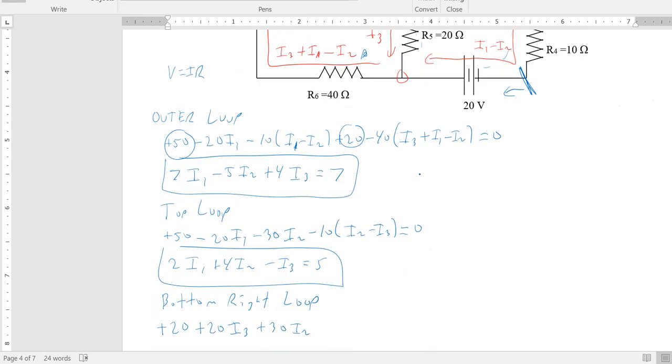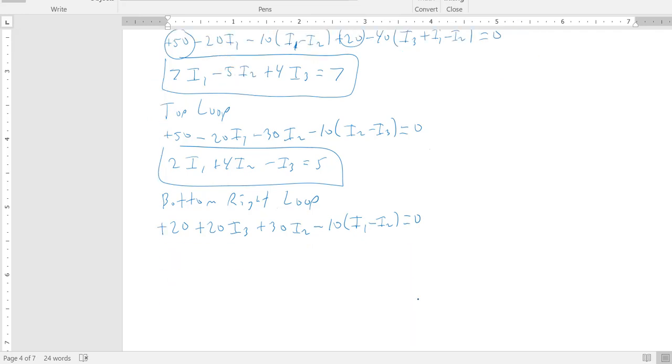So we've got minus 10 times quantity I1 minus I2, and this all equals 0, okay? And then if I combine like terms like the previous two loops, I get the following. I1, I'll put a 1 in front of that, but it's just I1. Minus 4 I2 minus 2 I3 equals 2. Okay, so I've got that.